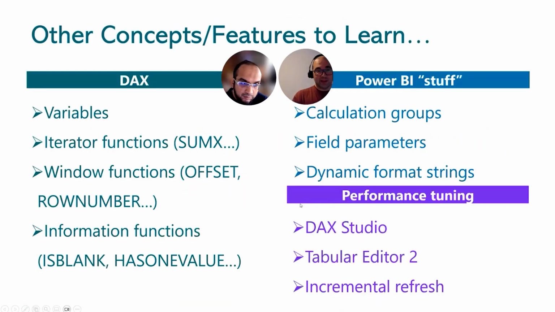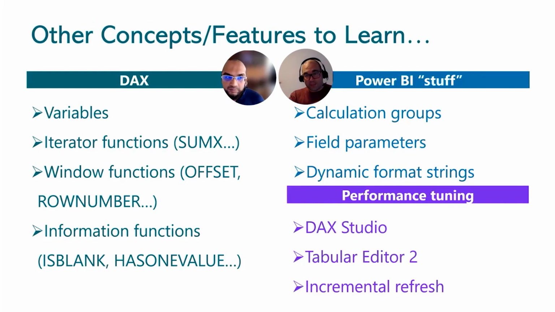When it comes to other concepts and features to learn for optimizing and managing semantic models, there are a lot of things. Remember, 57 skills measured. So DAX, first of all, you need to learn certain parts of DAX, not everything, but namely variables, iterator functions, window functions, the newer set of functions introduced recently, and information functions are also important.